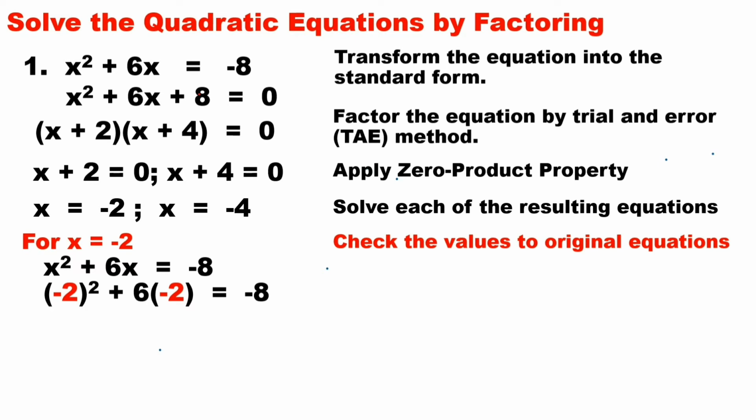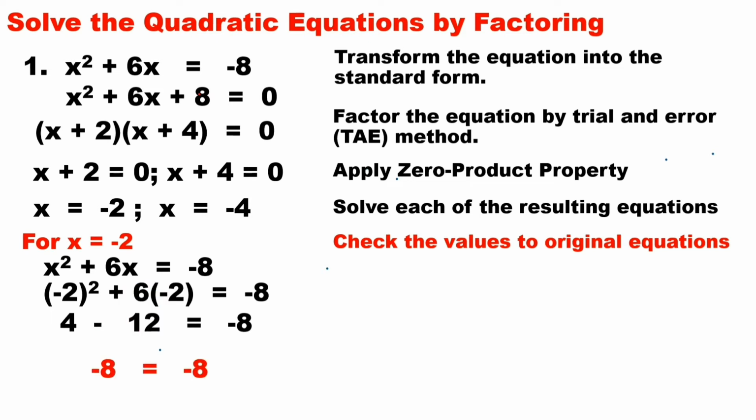Substitute the values to the original equation to check which of negative 2 and negative 4 or both of them are the solution. Substituting negative 2 to the original equation, we have negative 2 squared equals positive 4. 6 times negative 2 equals negative 12. 4 minus 12 equals negative 8.